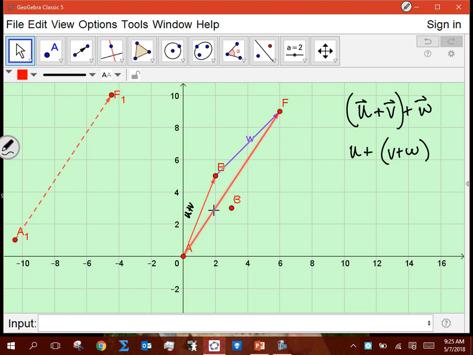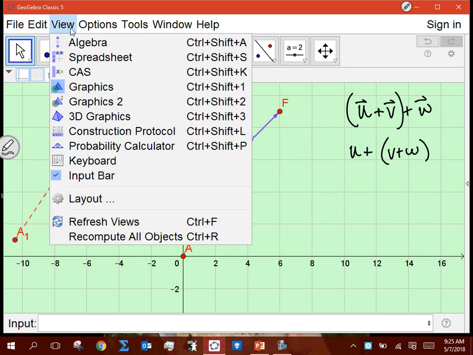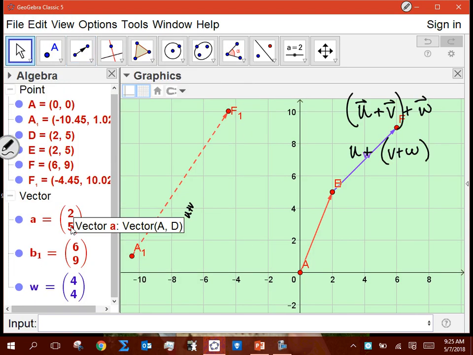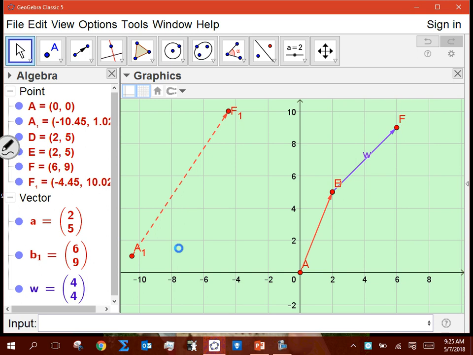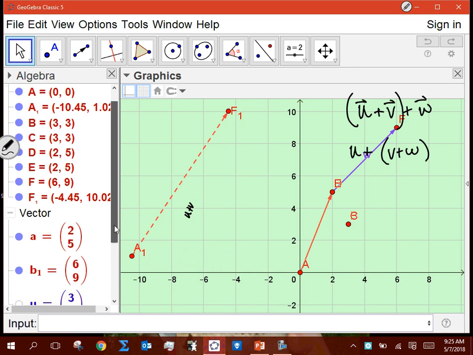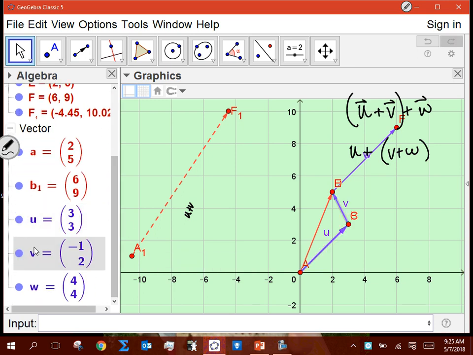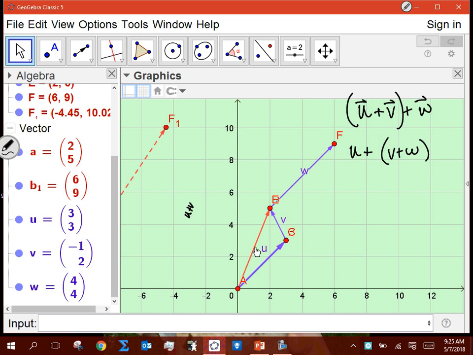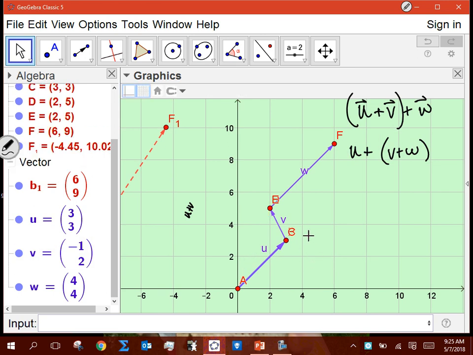So let's see if, when we go through, I accidentally just deleted them. So let's see here. There we go. So we got our three purple vectors here. Let's do v plus w first.